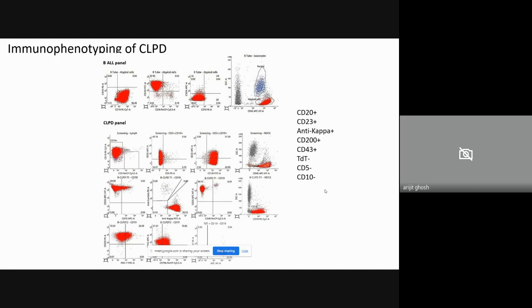If you are doing cell imaging with confocal microscopy, you can check multiple parameters like 2 to 3, maximum 5 to 6. But in flow cytometers, you can easily check up to 16 to 17 colors.